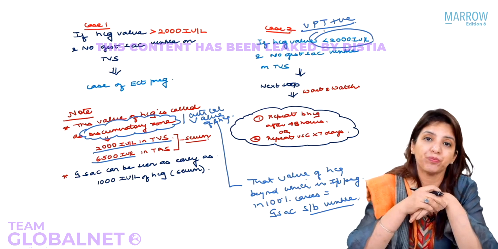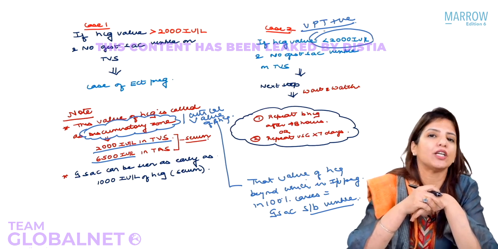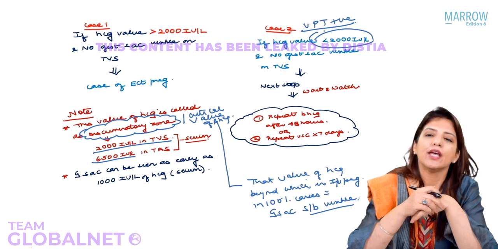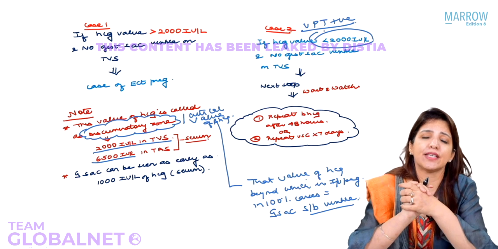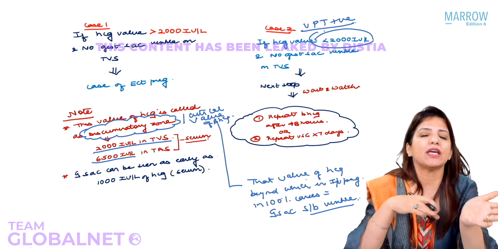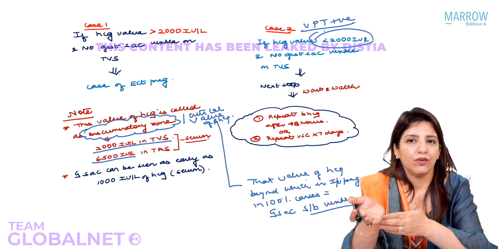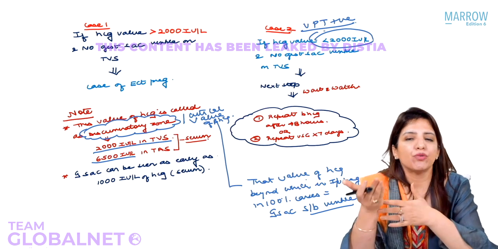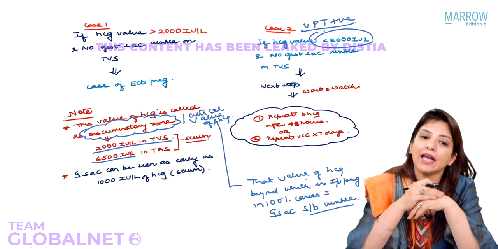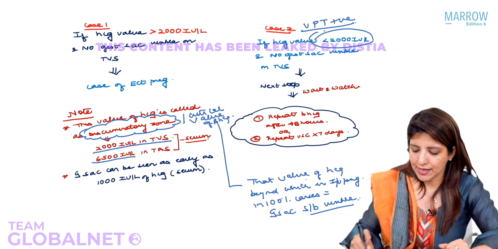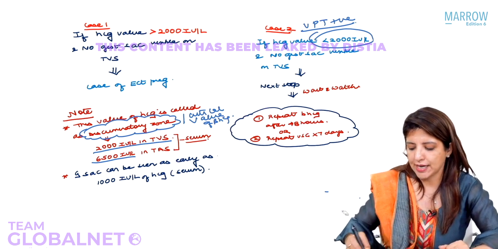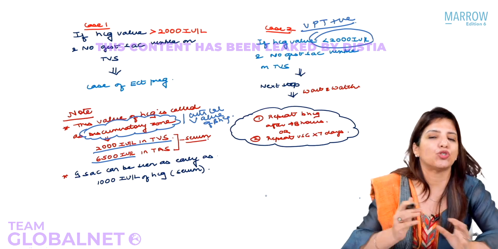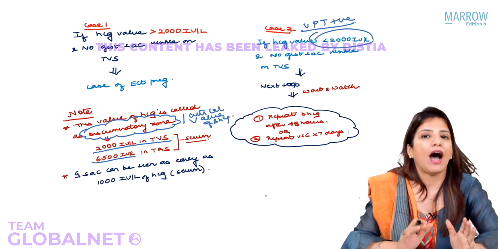Now what should I do? If the levels of HCG are less than 2000, I have to wait. One thing I can do is tell her to wait and come to me after 1 week, and I will repeat her ultrasound after 1 week. The other thing I can do is repeat her beta HCG after 48 hours. So these are the two things which I can do.